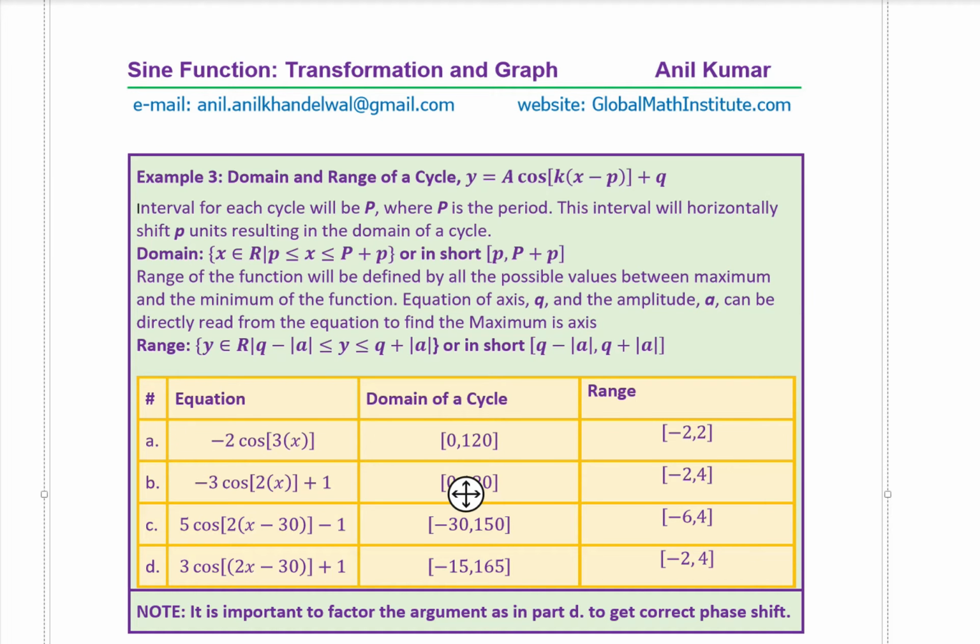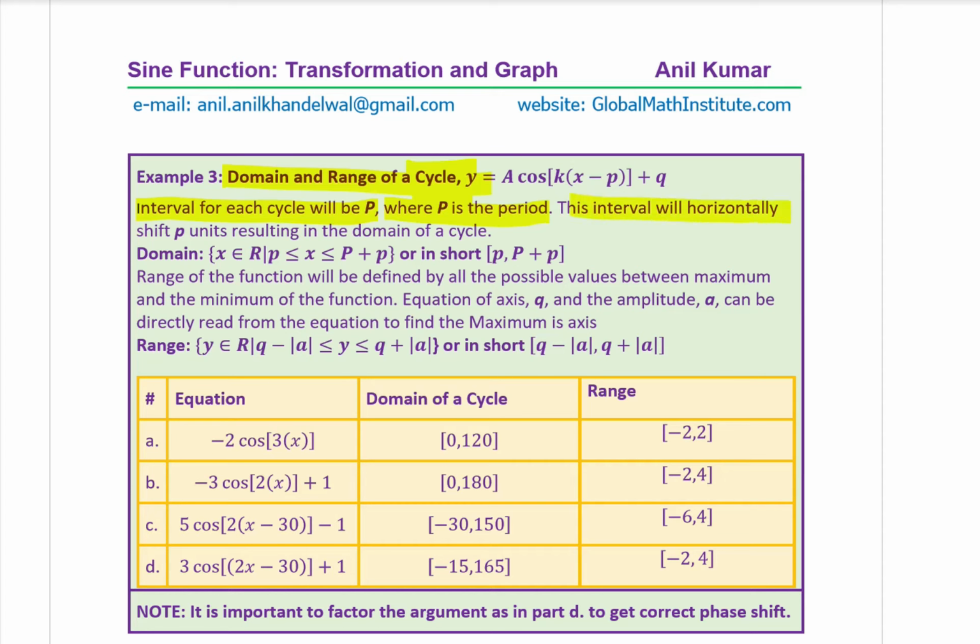Here is a question related to the domain and range of a cycle. As you know, the domain is all real numbers. However, when you're talking about one cycle, normally it is 0 to 360 degrees. For a transformed function, we'll have a restricted domain. The interval for each cycle will be p, where p is the period.